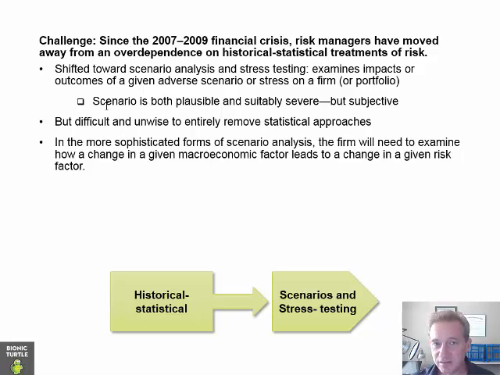Another challenge has been that since the crisis, risk managers have, and the authors would say appropriately, moved away from, or are generally shifting away from, an over-dependence on historical statistical treatments of risk. Part of the attraction of that is that historical statistical approaches are quantifiable, and so sometimes the numbers can be seductive and deceptively easy to work with.